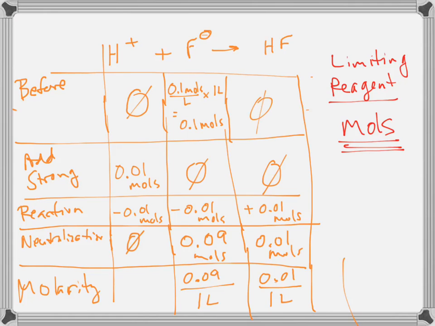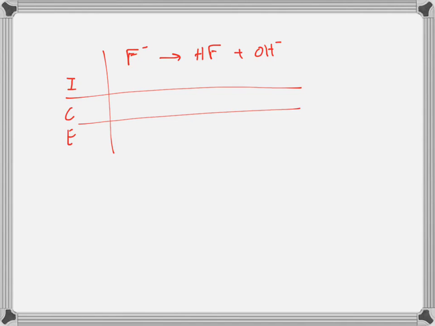So what does that then mean? Well, now we can go back to our equilibrium. What was our equilibrium expression? F minus goes to HF plus OH minus. What was our initial concentration of fluoride, or F minus? 0.09.